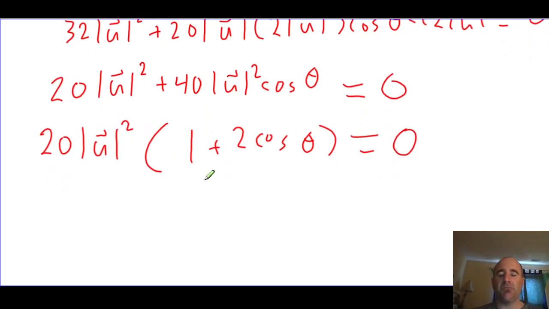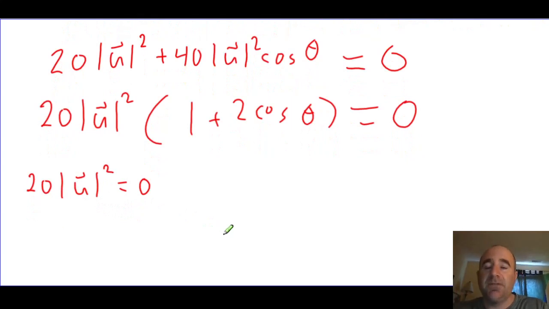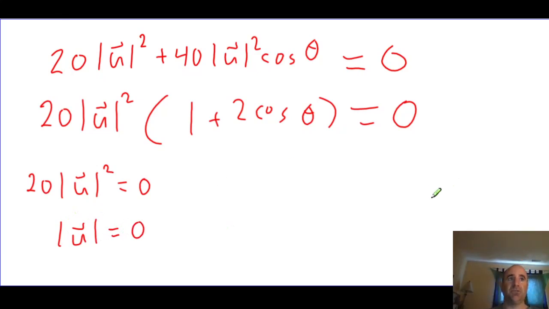When you have two things that are multiplied together to equal 0, one of them has to be equal to 0. So one possibility is this right here equals 0. Now, 20 can't be 0. This would only be true if the magnitude of u is equal to 0. Let's just think about that possibility. So the magnitude of u is equal to 0.